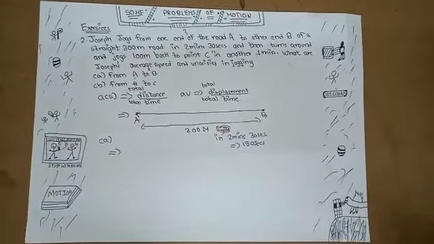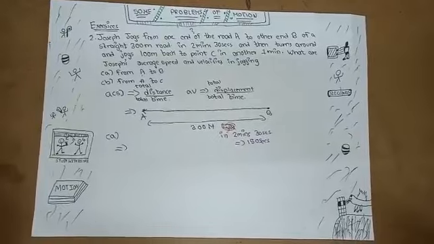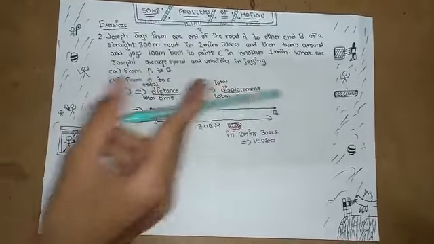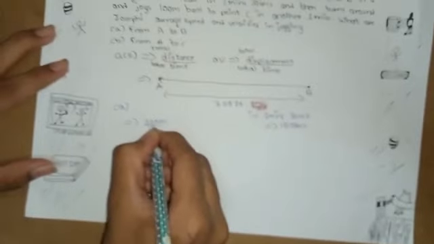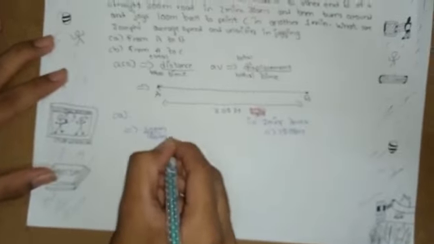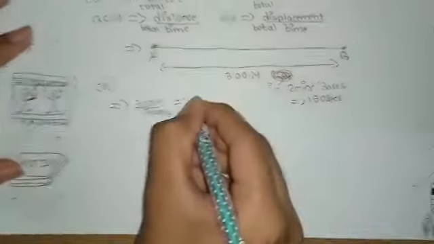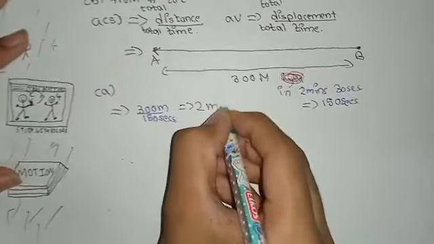Average speed is total distance by total time. Total time from A to B is 150 seconds, total distance is 300 meters. So it is 300 meters by 150 seconds, which is 2 meters per second.